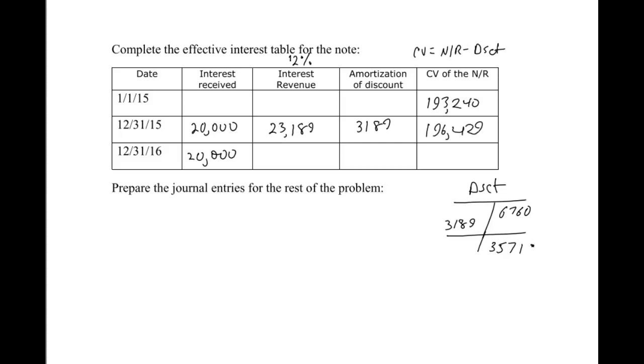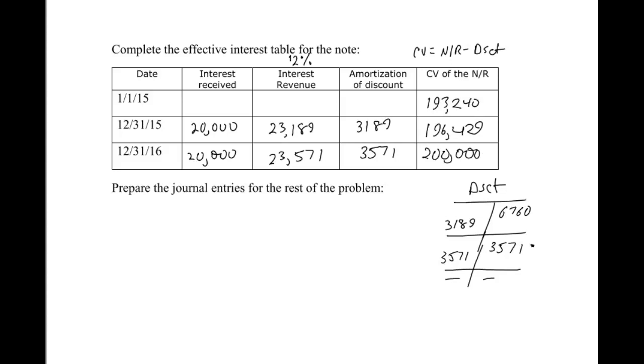Now take the 196,429 times the 12% to get 23,571, and this is 3,571. So notice if I have amortized 3,571 more, my ending balance is 0, but that's what I want, which means this is now 200,000.